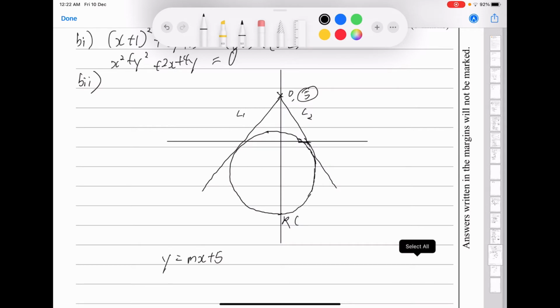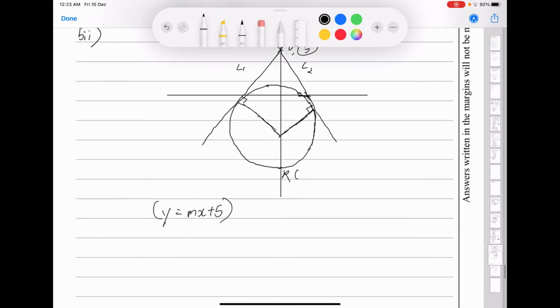Okay, as we know, this is the tangent here. This one is also the tangent. So both of it will be 90 degrees. And we also know the equation here.